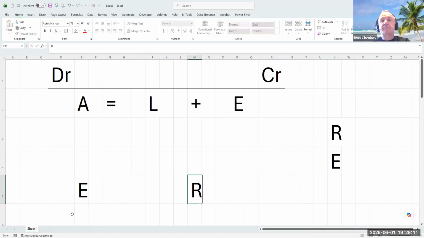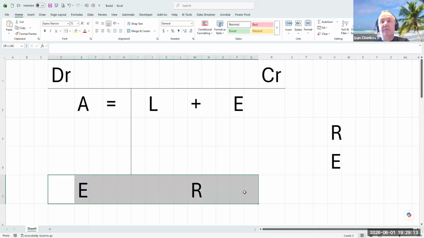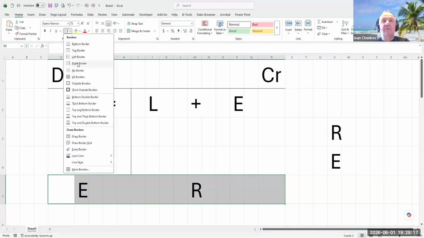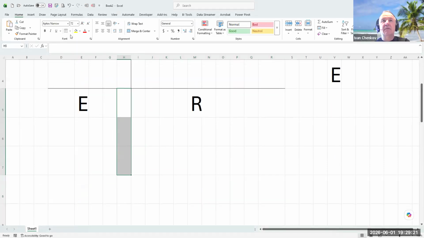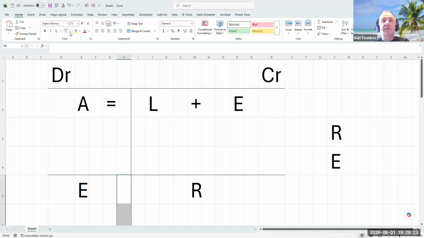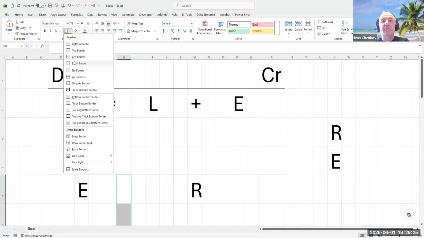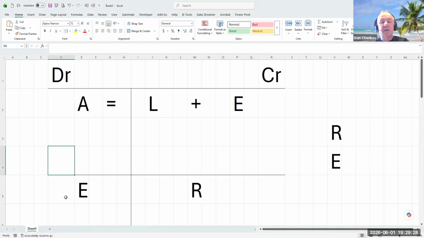What do I know? I know that expense is always, always on the debit side and revenue is always on the credit side. We already established this. So this is my debit here and this is my credit.